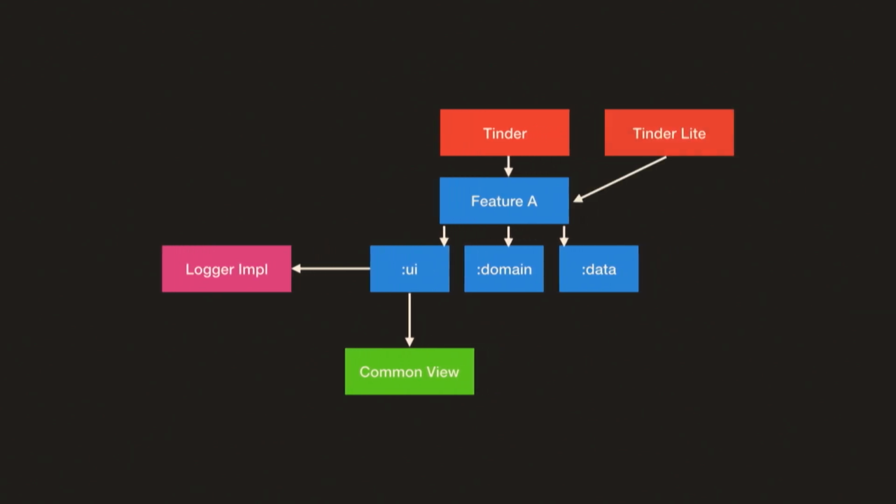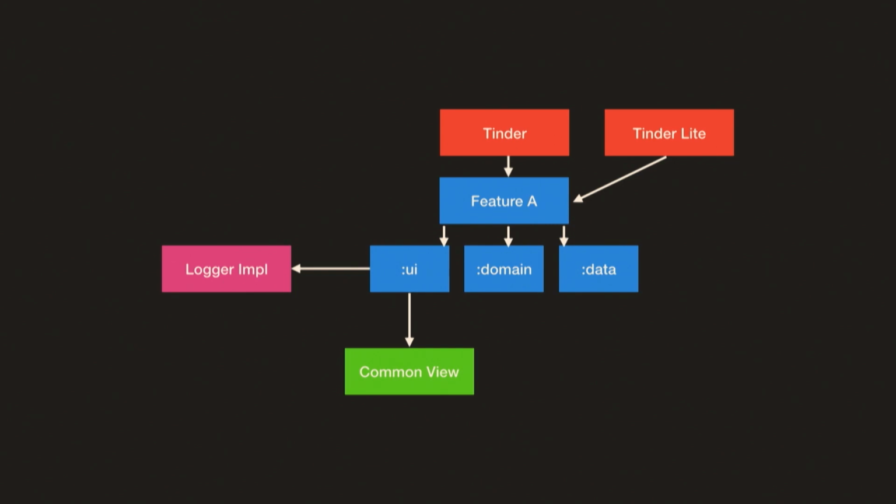But when we are trying to add the second app called Tinder Lite, we took a step back and looked at the logger implementation. We don't necessarily want that, because the constraints are different, your context has changed. Your constraints are very, very different now. Maybe in the Tinder app, we could send all your logging information, debug information, to the server.